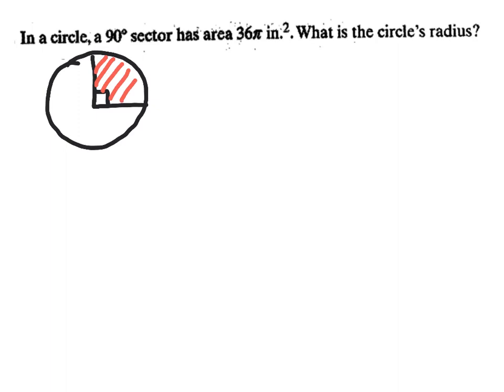Now let's say we are given a problem like this, where we have a sector area of 90 degrees and the area of the circle is 36 pi. Now, if we draw a picture for this, we know that we have a circle. We're talking about an area of the circle, so it has a right angle, and we know that this area equals 36 pi.